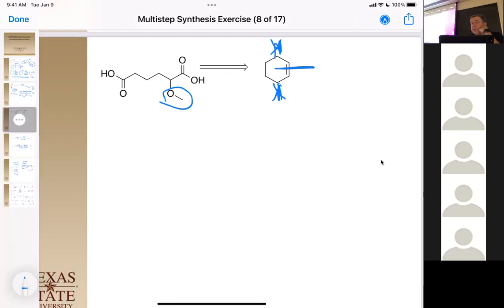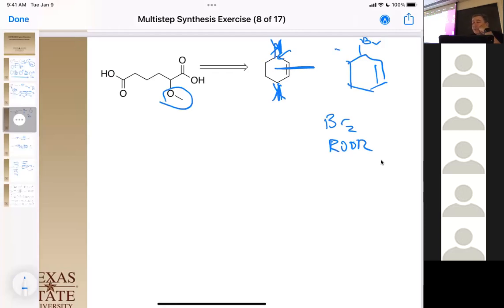Yeah, we do. We have a reaction with bromine and peroxides. This allylic position is more reactive than the other positions, and therefore it will create a bromine here.